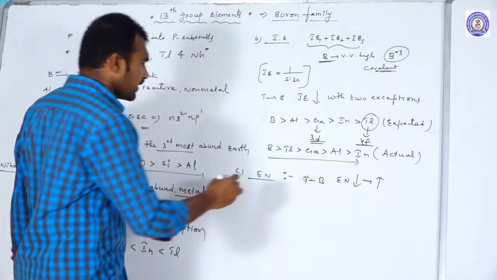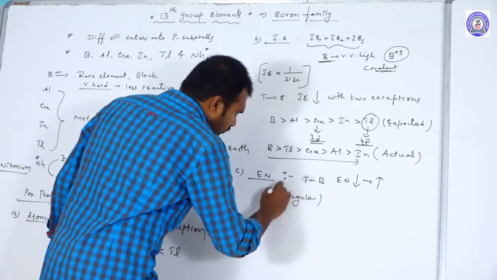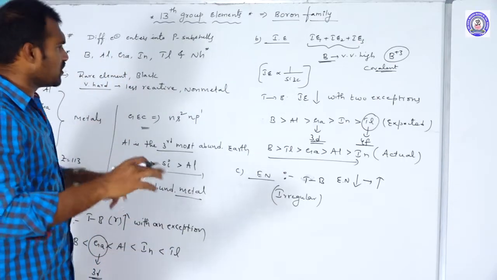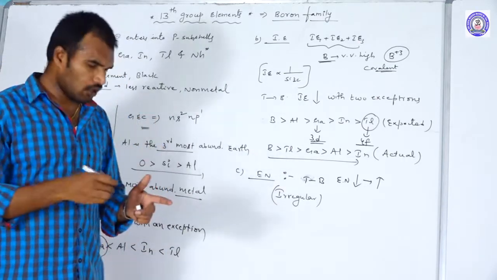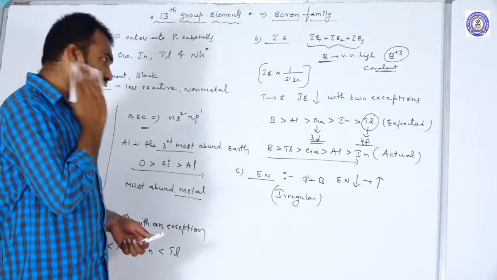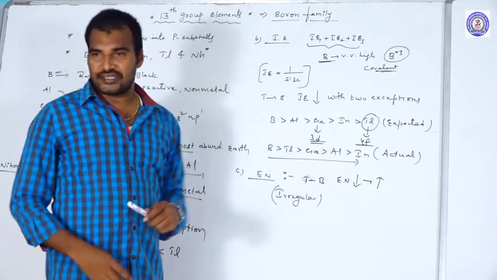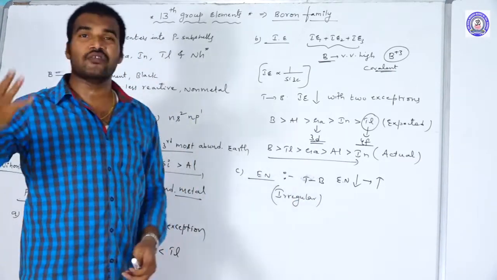It is not following a regular order, it is an irregular order. This is the group which shows almost all periodic properties irregular, not regular. If you take electronegativity, first it decreases, thereafter increases. From where to where does it decrease, and from where to where does it increase?